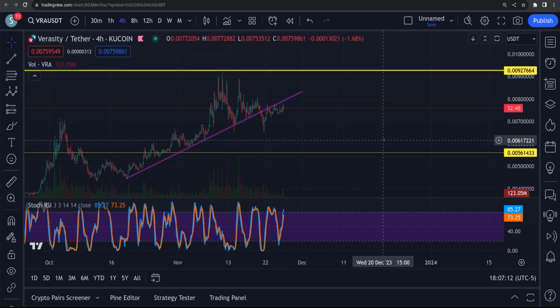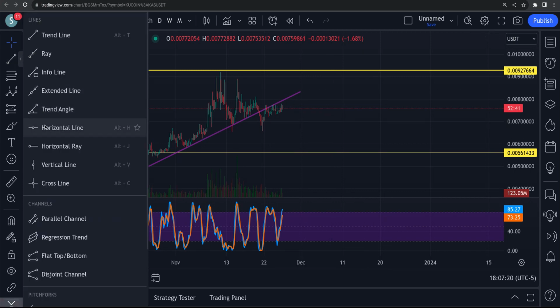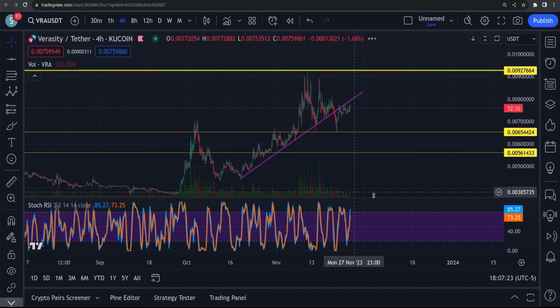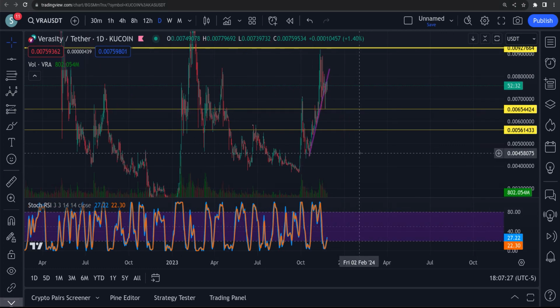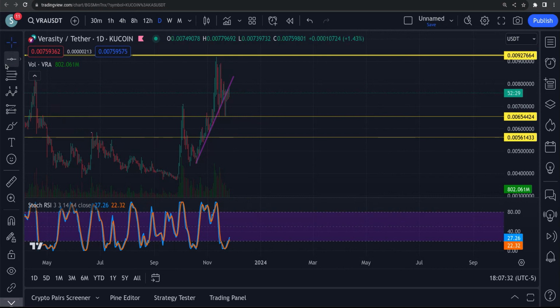So keep an eye on this thing for that pullback area. Got very good support down here. Let me see where that 618 came in at, because in the daily you go from the swing low, which would have been right there at the start of the move, to the swing high.